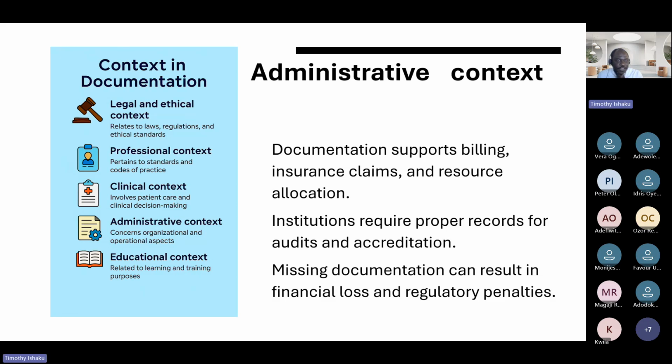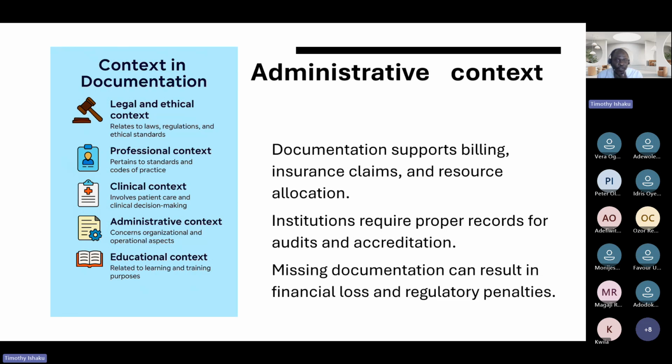Certainly, the hospital management would like to claim their money. I'm not sure how big insurance is. Well, in Nigeria, probably less, but here, especially in both government and private practice, insurance is a big thing. And insurance claims heavily rely on the professional documentation of the therapist.